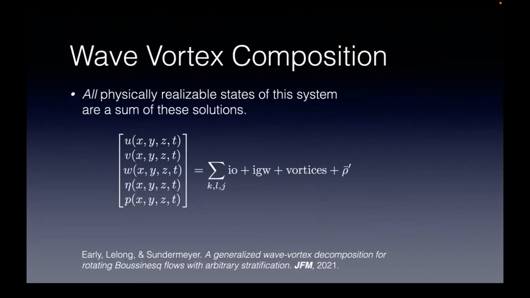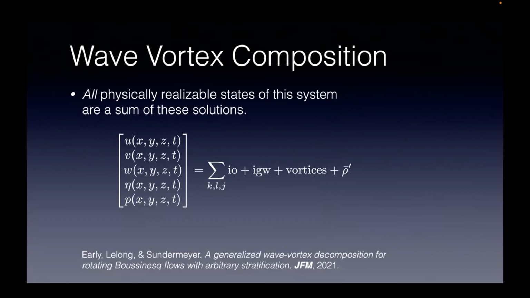Okay, so one of the key things is that all physically realizable states of this system I presented in that first slide are the sum of these solutions. It's a complete basis. And so you can represent any U, V, W, and I'm using eta here as equivalent to buoyancy anomaly, and pressure.